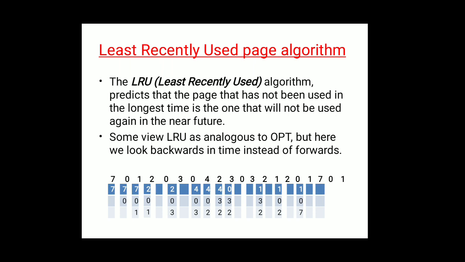As I said, we have to search in a backward direction, and you can observe 7 is one such number which has not been used for the longest period of time. So we are going to replace 7 with the page number 2. So 7 is replaced with 2, that is 201 will be the number, and it will be marked as a page fault, since 2 is not available in the memory.